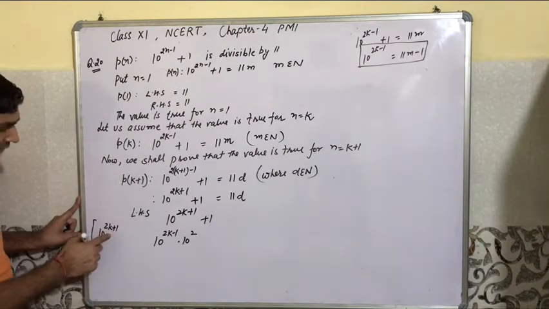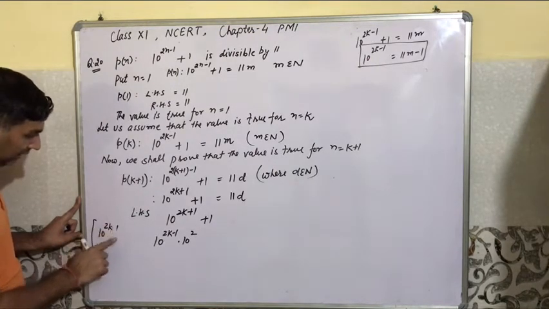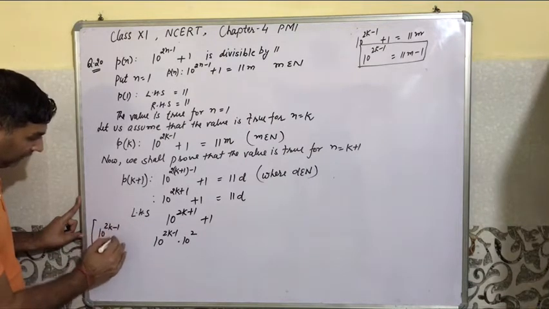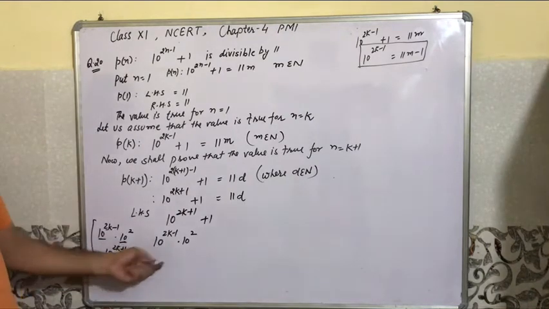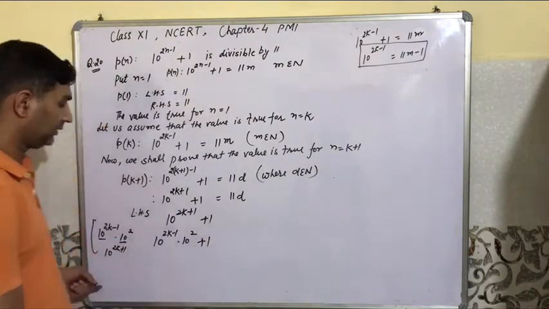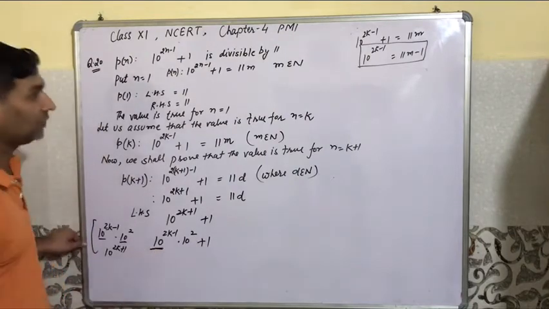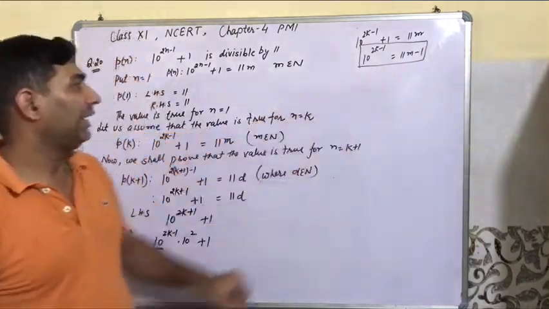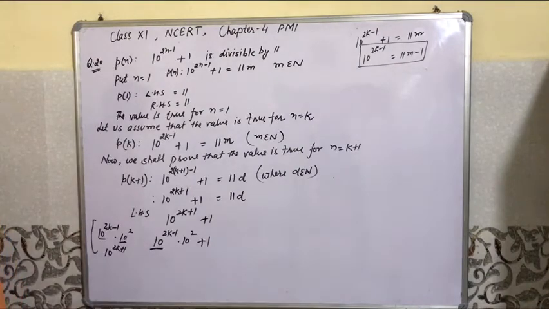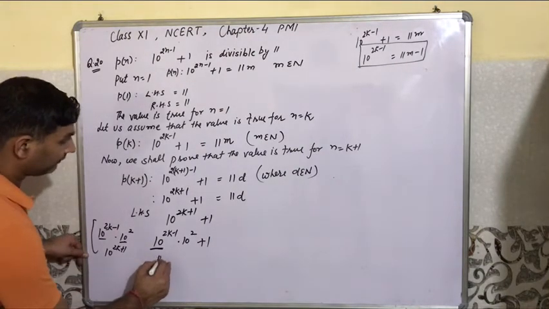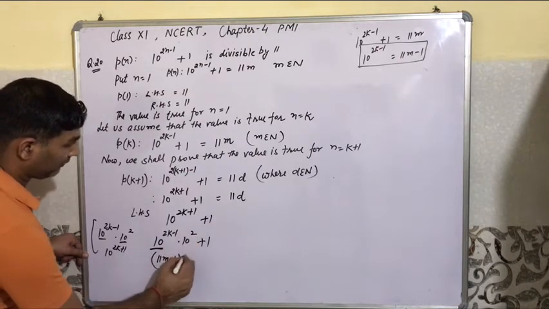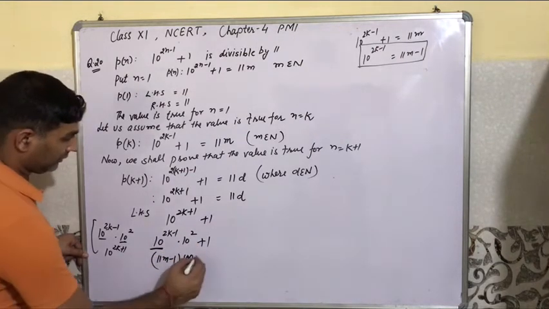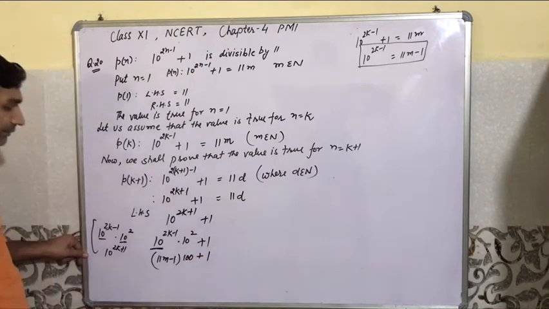I split and wrote it this way. And using this value, 10 raised to power 2k minus 1 is 11m minus 1, into 10 raised to power 2, that means 100, plus 1.